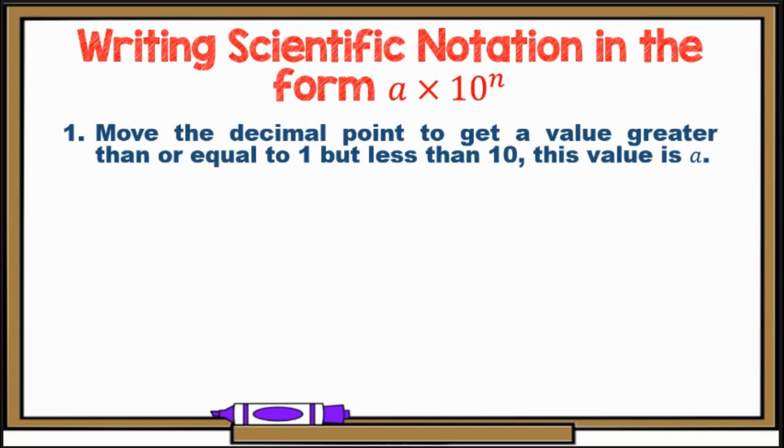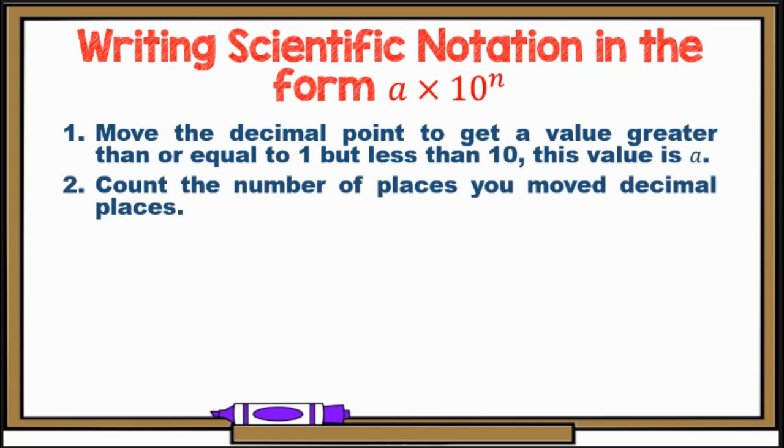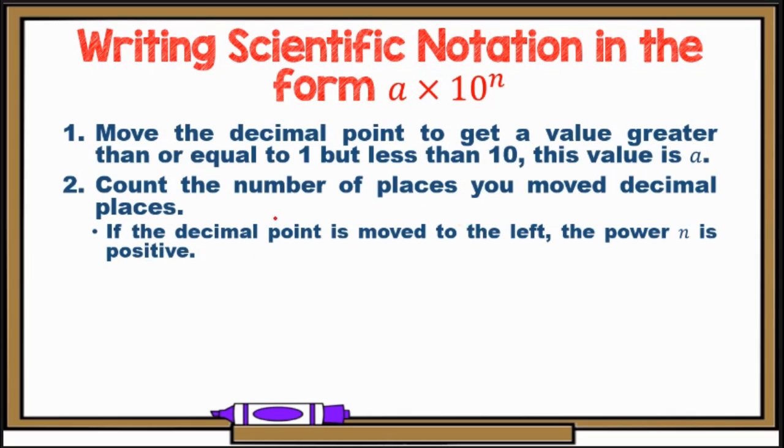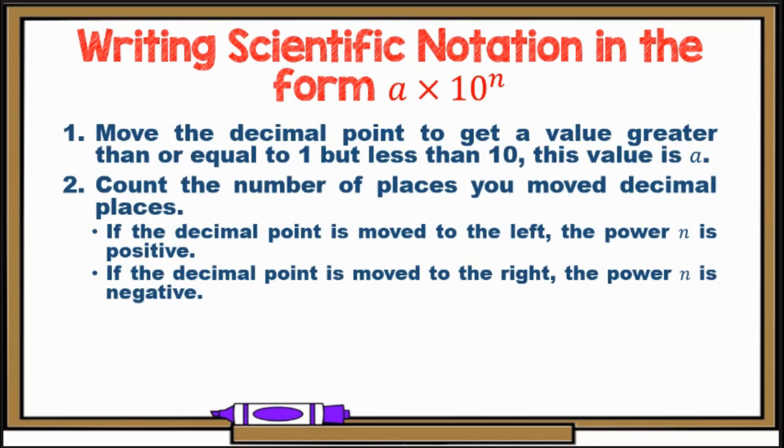So the number of times that you are going to move your decimal point is really important. Count the number of places you moved the decimal point. If the decimal point is moved to the left, the power n is positive. If the decimal point is moved to the right, the power n is negative. So please do not be confused.